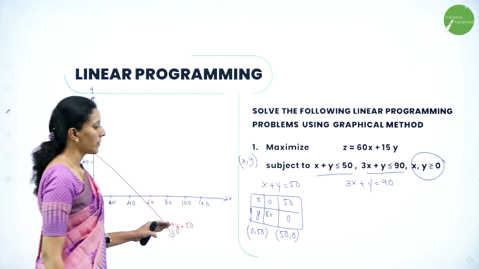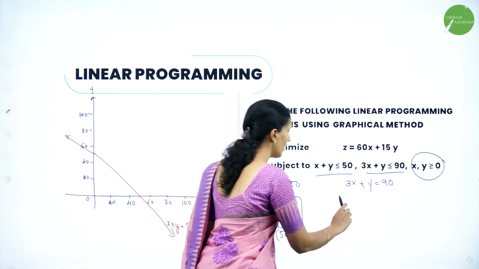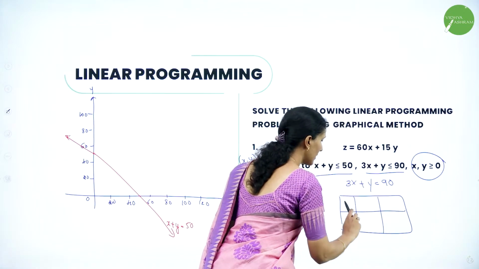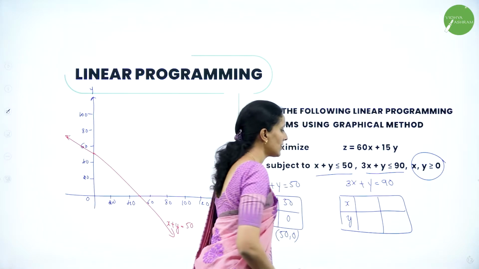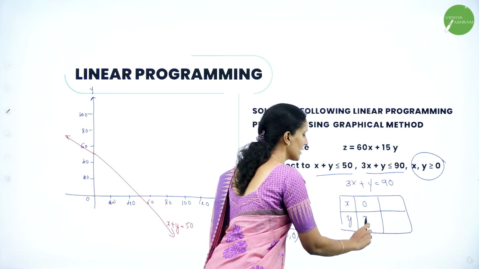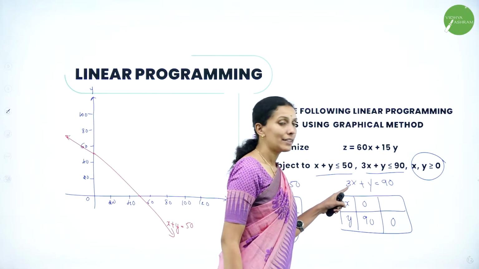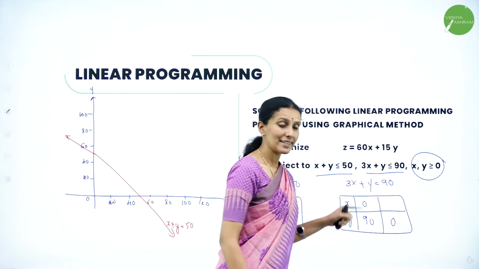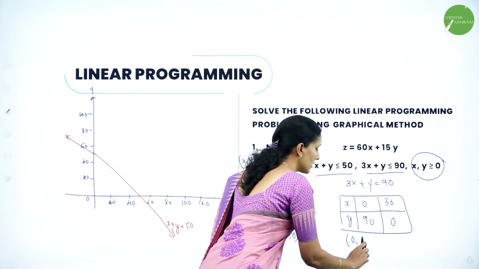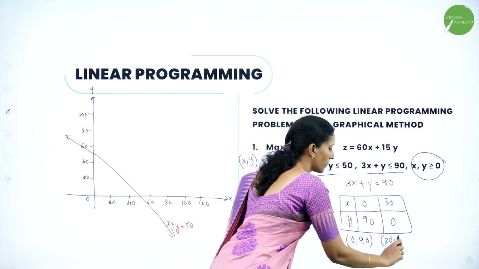The same steps we will do for this equation now. Let me solve it. Let me take x and y values as 0. First, I will take x equal to 0. If I take x equal to 0, then y is 90. If I take y equal to 0 here, I will get 3x equal to 90, then x is equal to 30. So the points are 0, 90 and 30, 0.